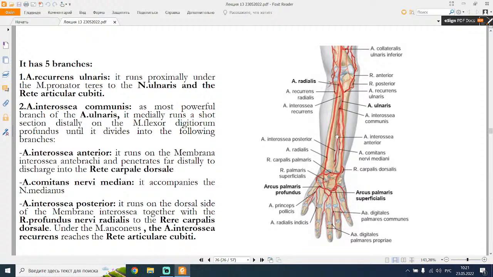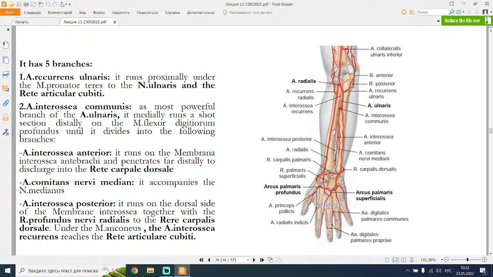Arteria interossea anterior runs on the membrana interossea antebrachii and penetrates far distally to discharge into the rete carpale dorsale. Arteria comitans nervi mediani accompanies the nervus medianus.